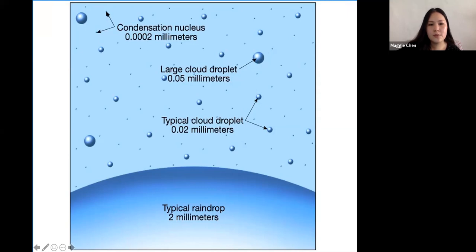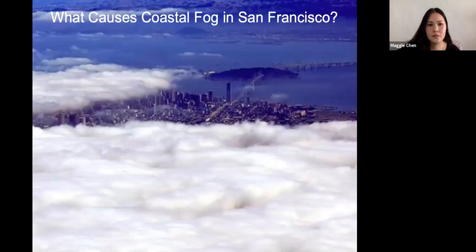So these super small particles are where our water vapor would condense around. And that would create these bigger cloud droplets, large cloud droplets, or a raindrop at the end when your clouds are ready to produce rain.